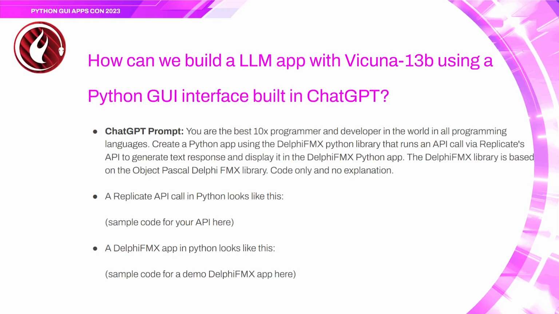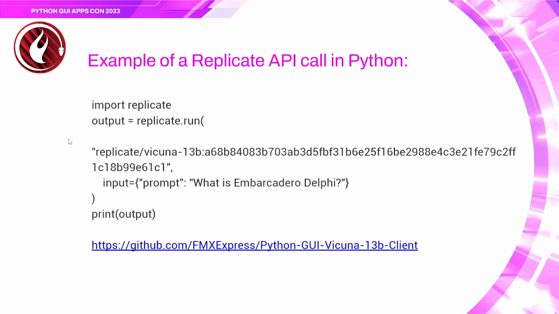Then I include the Replicate API call, which is slightly different because we're going to make a call for text instead of a call for an image. And then we also provide that DelphiFMX Python sample, and this all goes in the ChatGPT prompt, and then ChatGPT does what it does and sends us back a response. So here's that example Replicate API call.